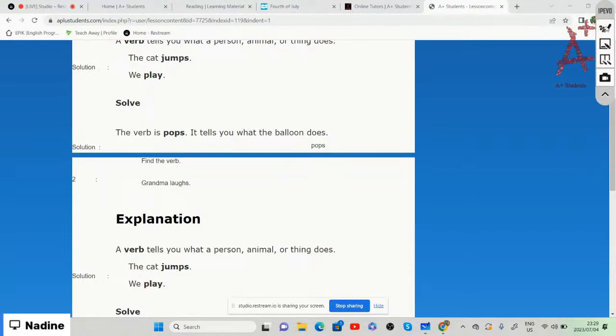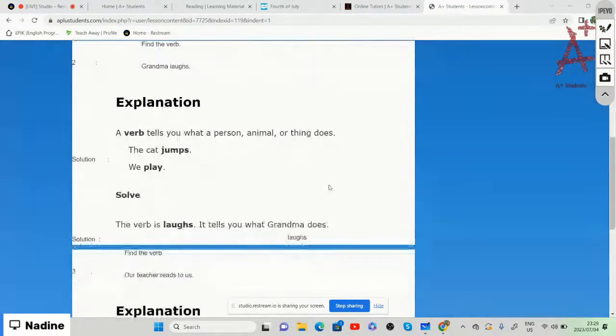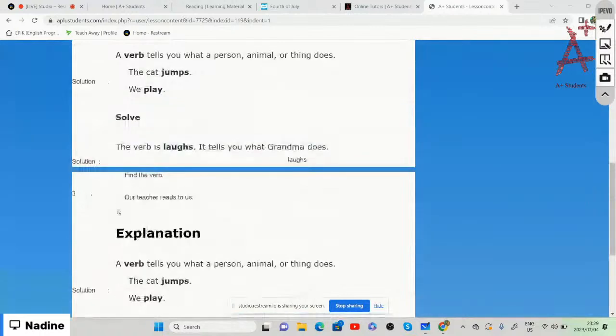All right, so if we choose the verb, then we will say grandma laughs. So laughs is the verb and it tells us what grandma does. Grandma laughs because laughs is an action, it's something that you are doing. So laughs tells us what grandma does.